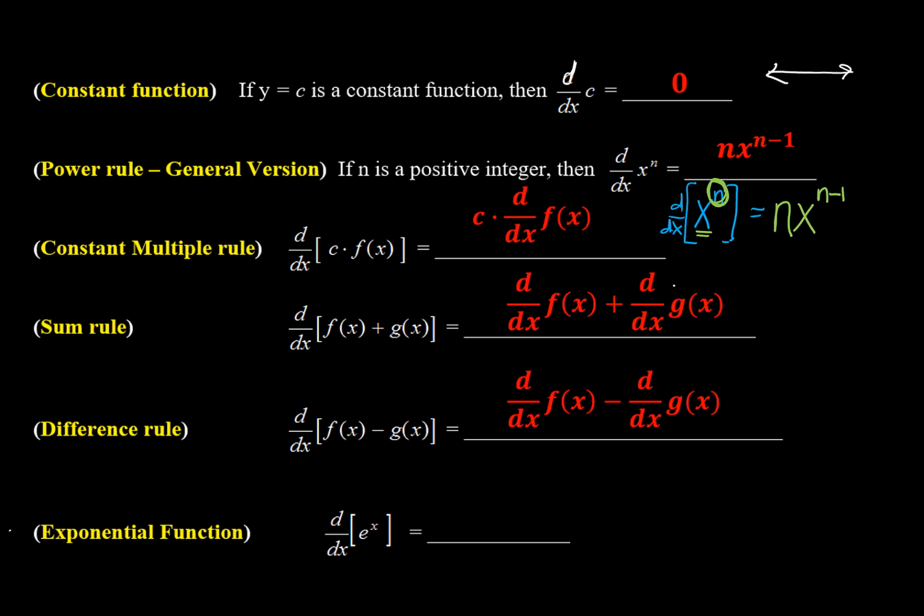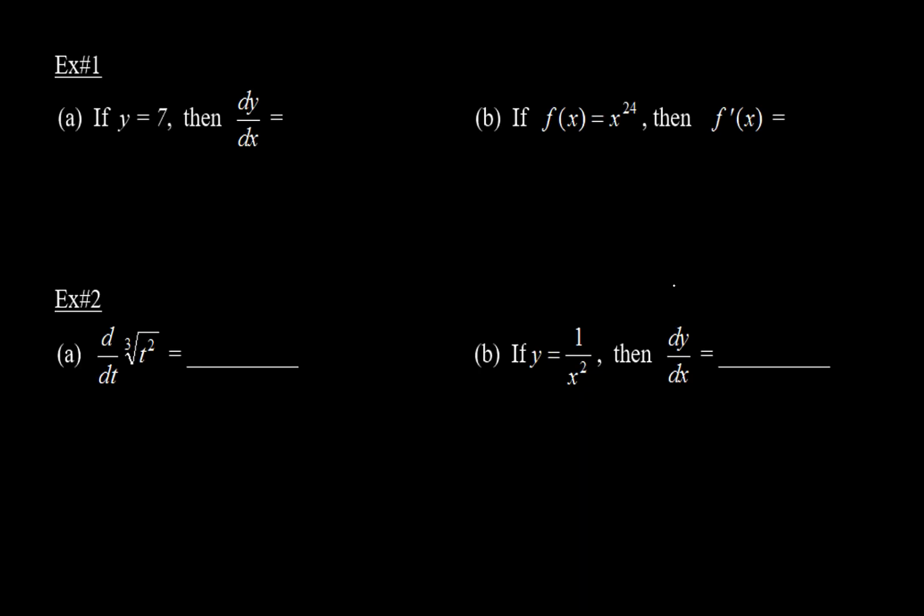And here's a neat one that often stumps people: if I'm taking the derivative of the exponential function e to the x, it gives me just e to the x. Now this is the set of derivative rules without the chain rule, so it's really important that all of these things just involve an x, okay? All right, you'll see what I mean in a second.